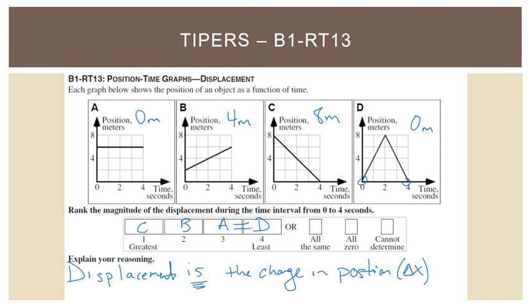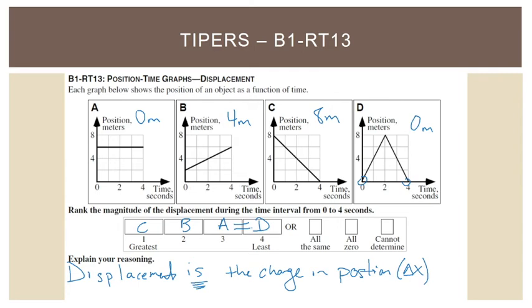What if instead of asking you to rank the magnitude of the displacement during the time interval from 0 to 4, it said rank the distance traveled during the time interval from 0 to 4? That's what I want to think about next.